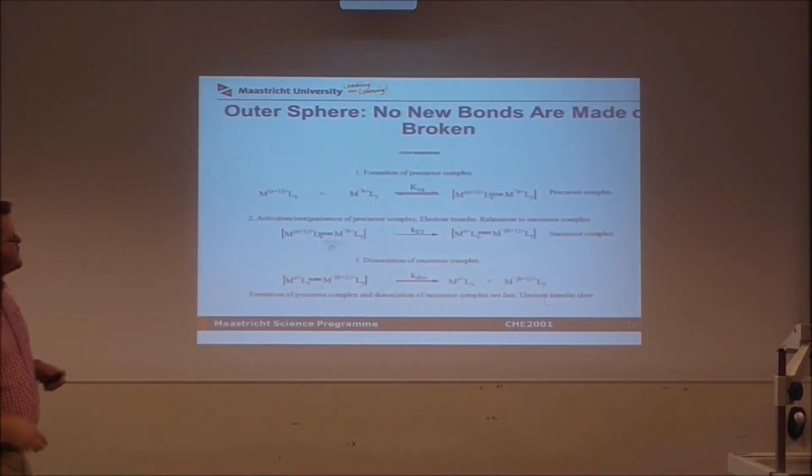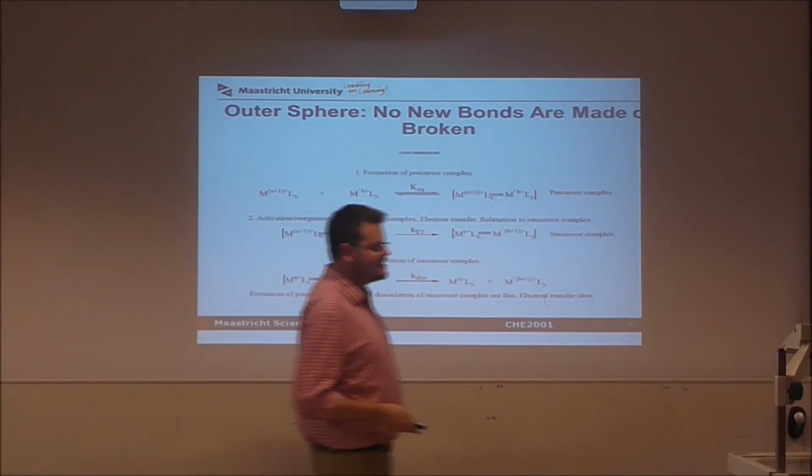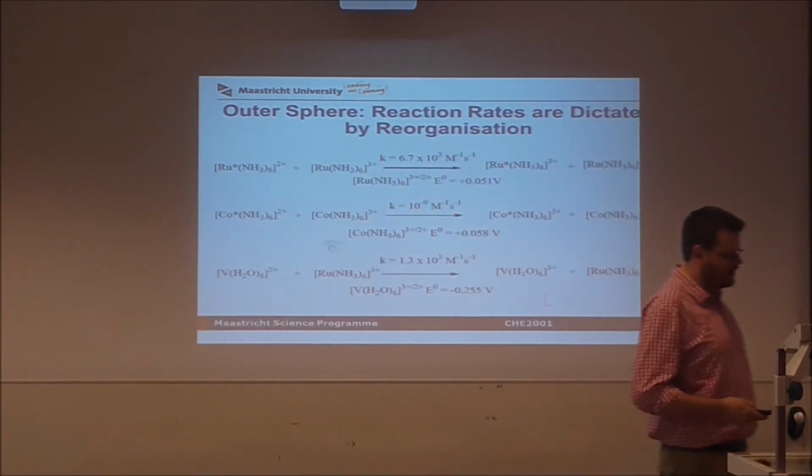So it's really a nice textbook. This is basically the whole thing looked at in terms of reaction partners. Here we can see we form a precursor complex, the electron transfer takes place, resulting in a successor complex, and then they diffuse apart. So the outer sphere mechanism is actually quite straightforward.